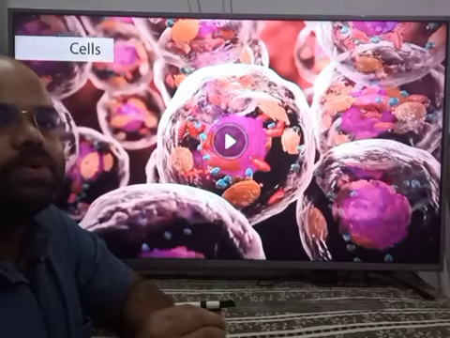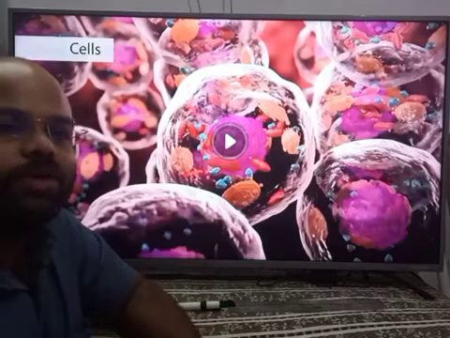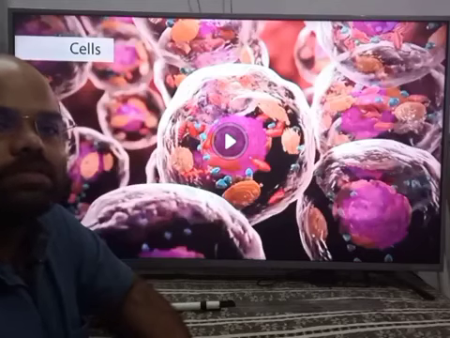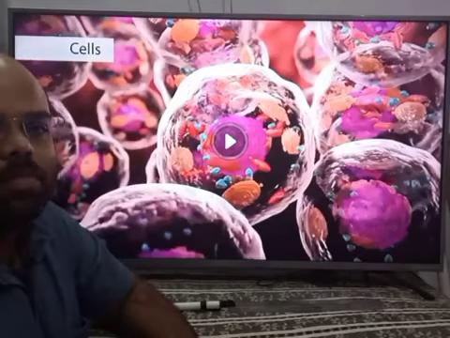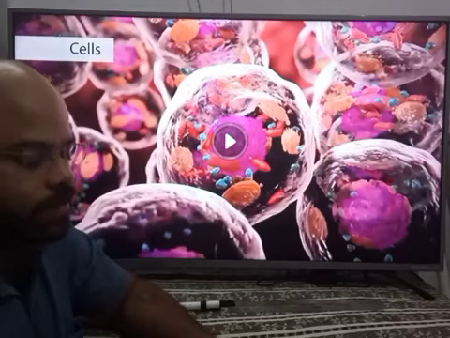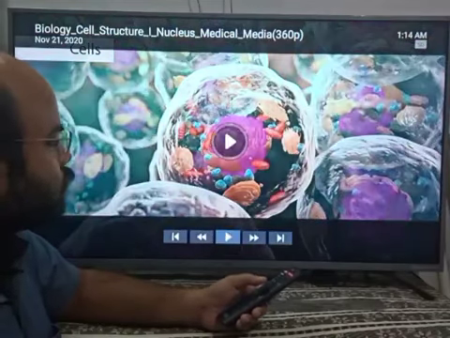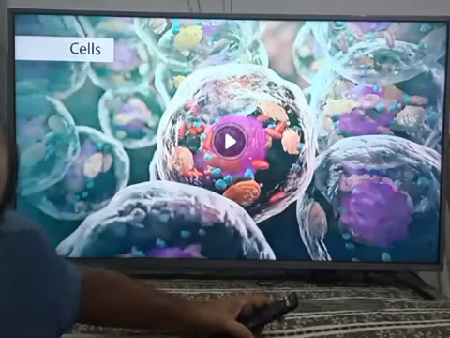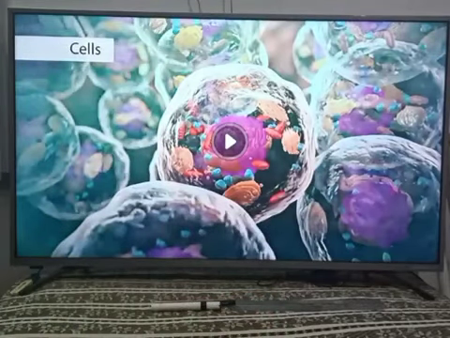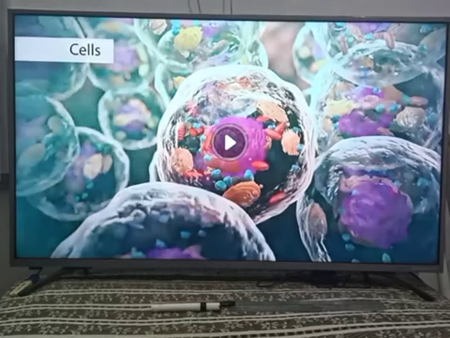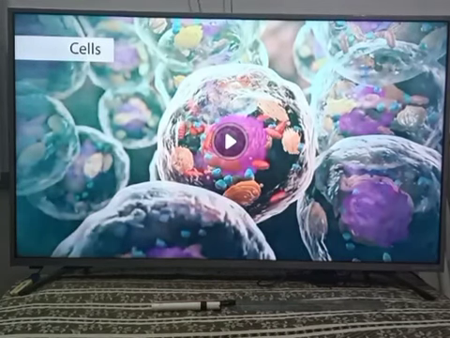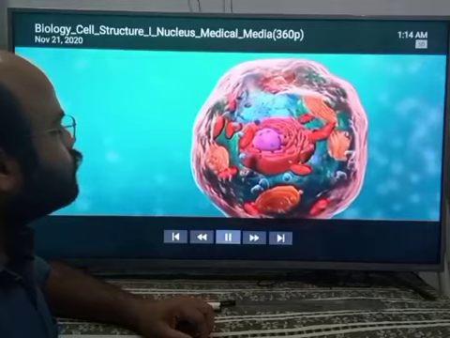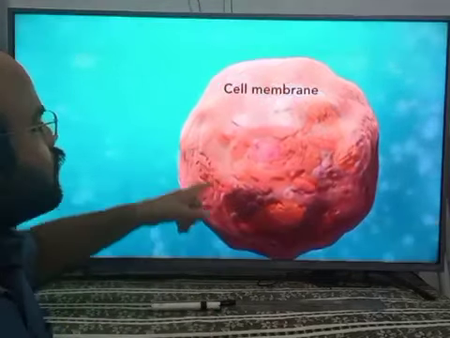I will show you the animated form so that your imagination will be very clear on the concept of nucleus as well as cell membrane. These are the most important part of this chapter. So let us see. Cells have three things in... See, this is the cell membrane.